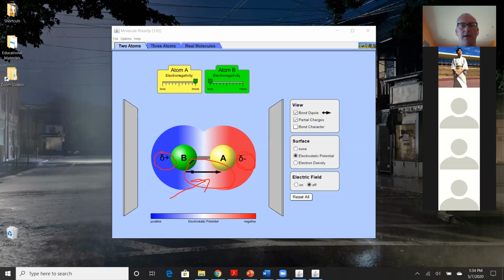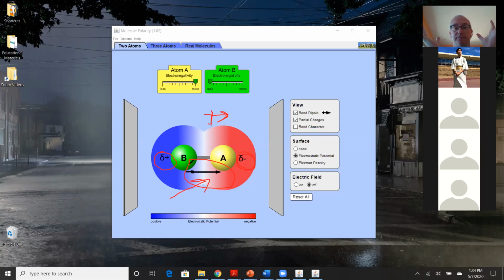So the overall molecular dipole will also point in this direction, but will it be the same size? Will it be just as big as the bond dipole is? Would we expect the size of it to be the same? Yes. It could be. Yes, exactly.